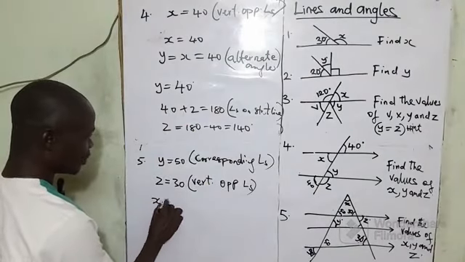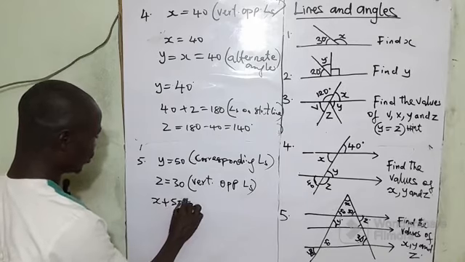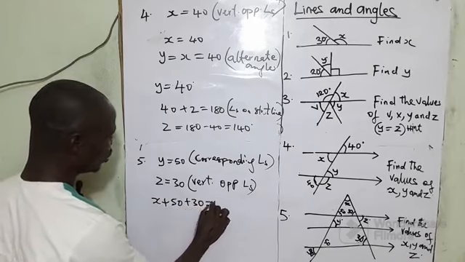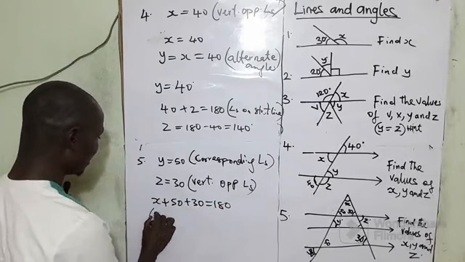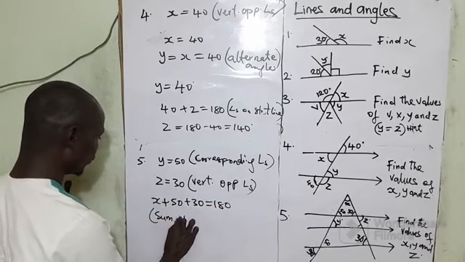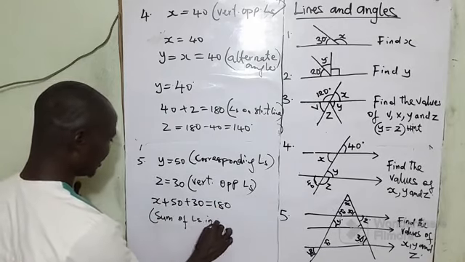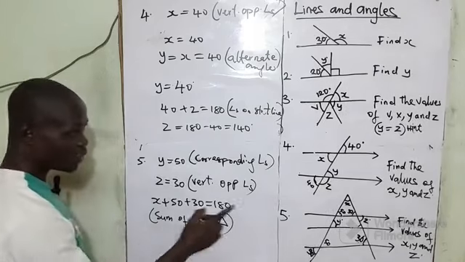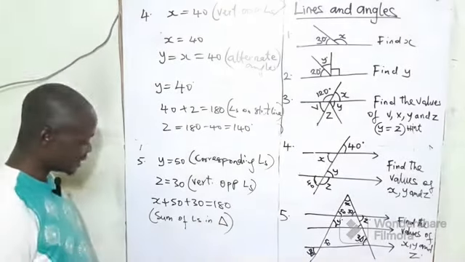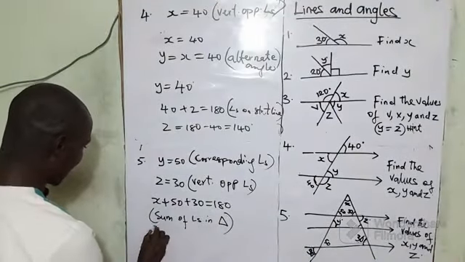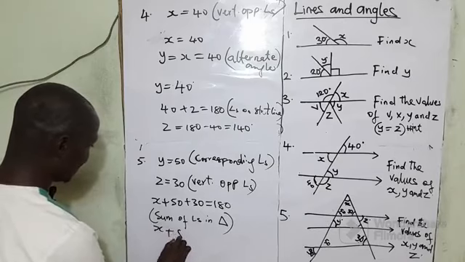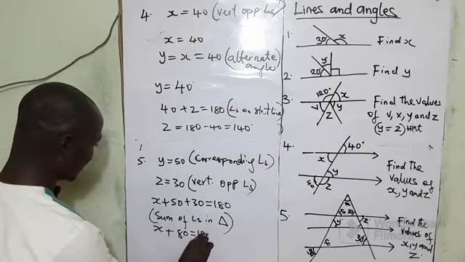Adding this up, we have x plus 80 is equal to 180 degrees. So x is equal to 180 minus 80, and that gives us 100 degrees. So x is 100 degrees.